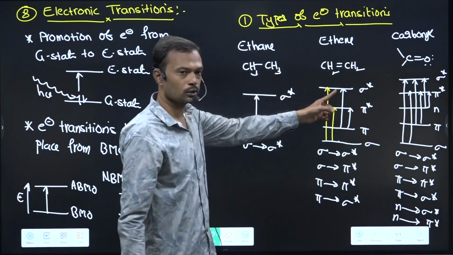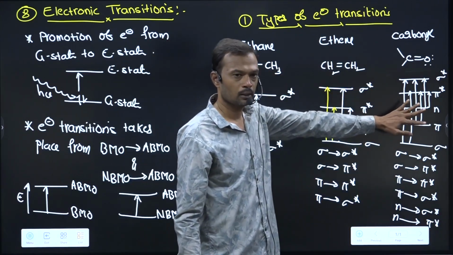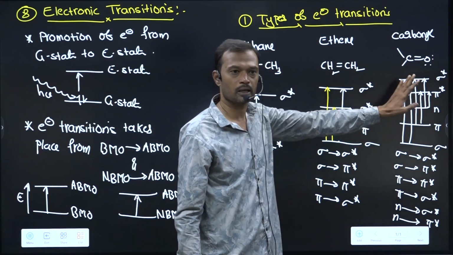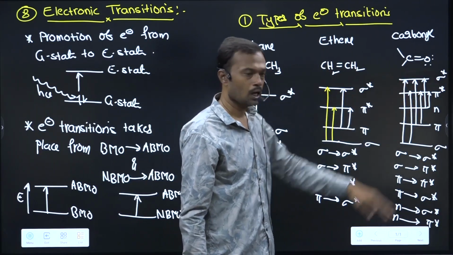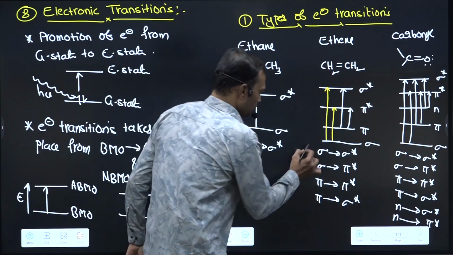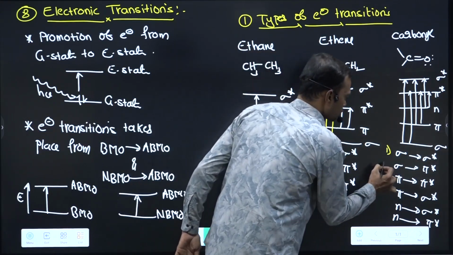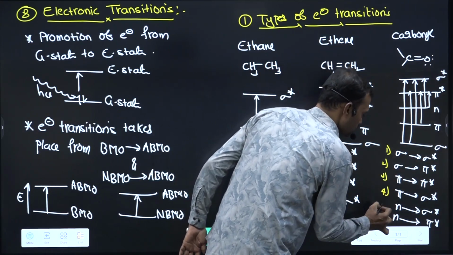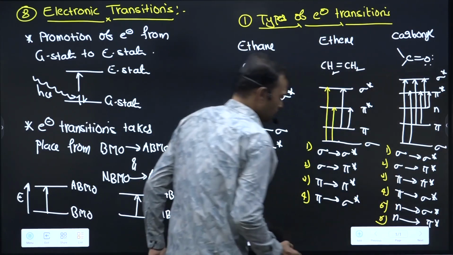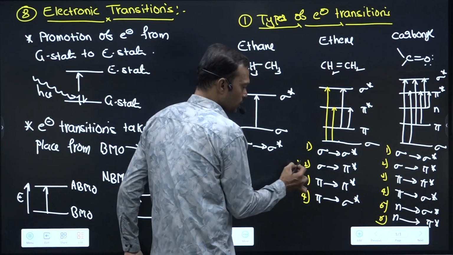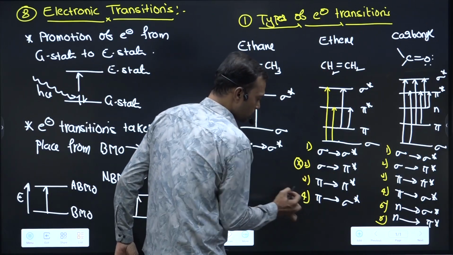Depends upon the molecule, that may change. But the maximum number of transitions exhibited by any organic molecule is 6. Out of these 6, only 2 transitions do not exist, 100% in all cases. What are they? Sigma to pi star does not exist, and one more, pi to sigma star does not exist.